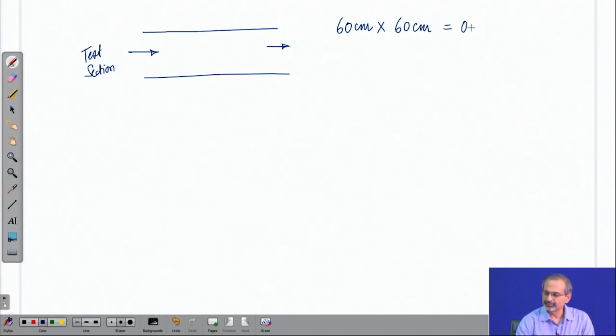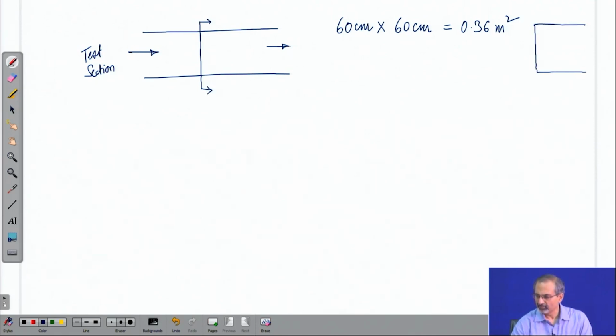That gives you a 0.36 meter square cross section. If you were to take a section here, if this is a plan view, then you would get to see a square section. It measures 60 centimeter on all sides, forming a square cross section for the flow to move.